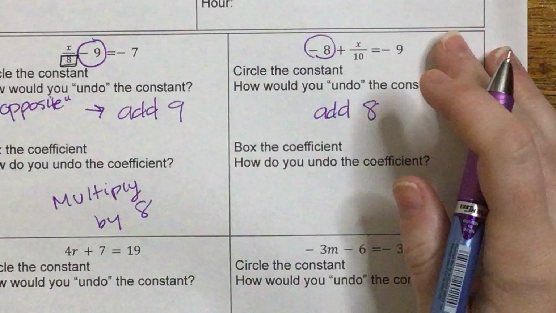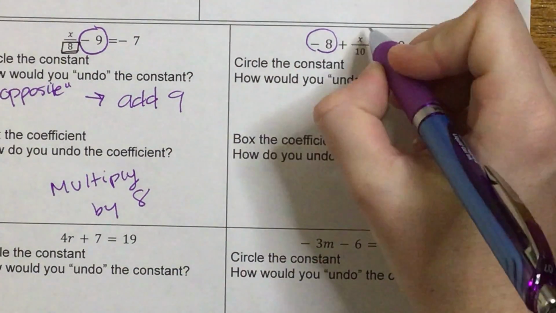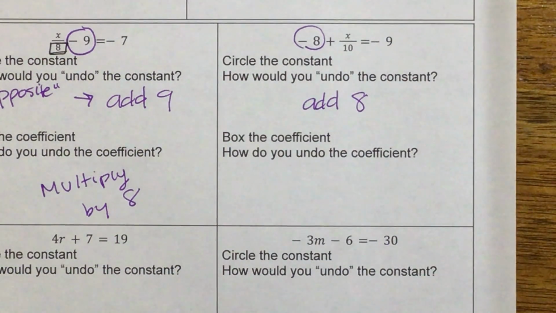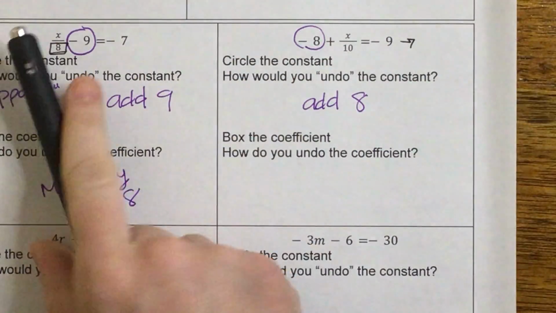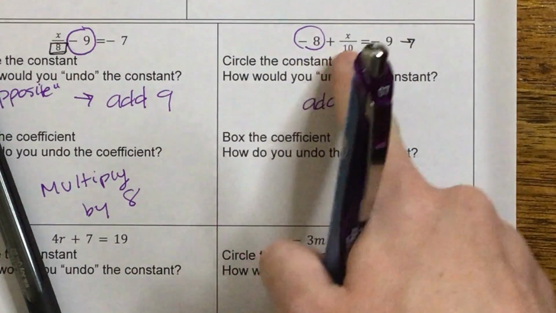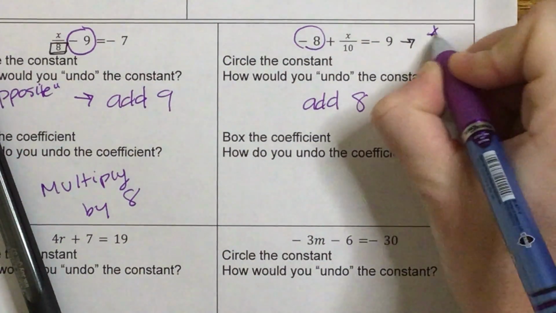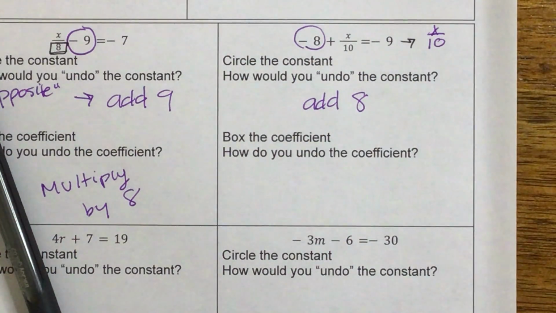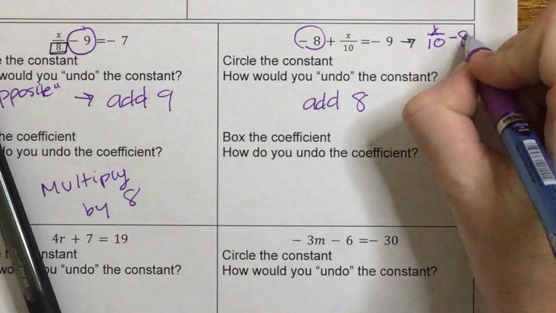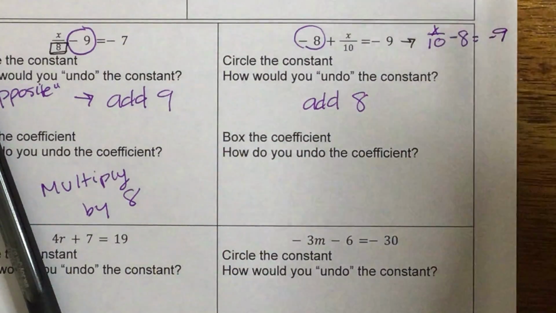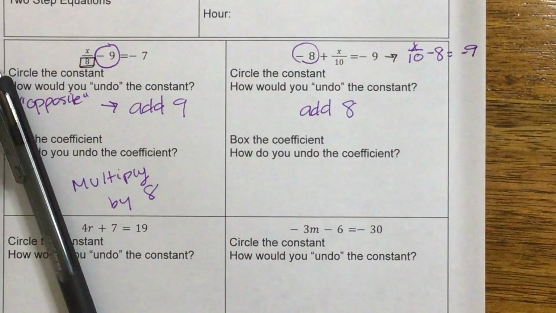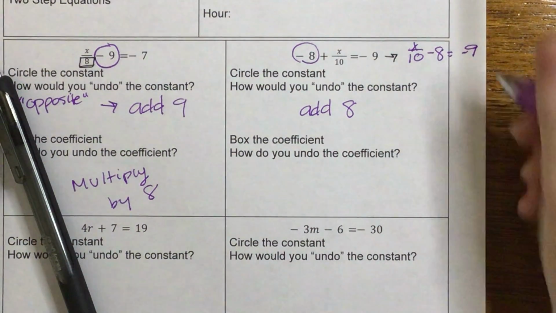Okay. So remember that we can rewrite these ones. I can put the x over 10 first and then minus 8 equals negative 9. Oh, you can't see that. There you go. So you can rewrite it.